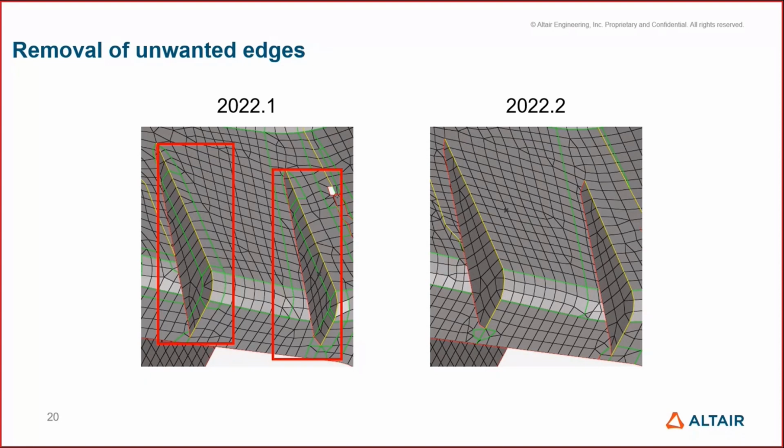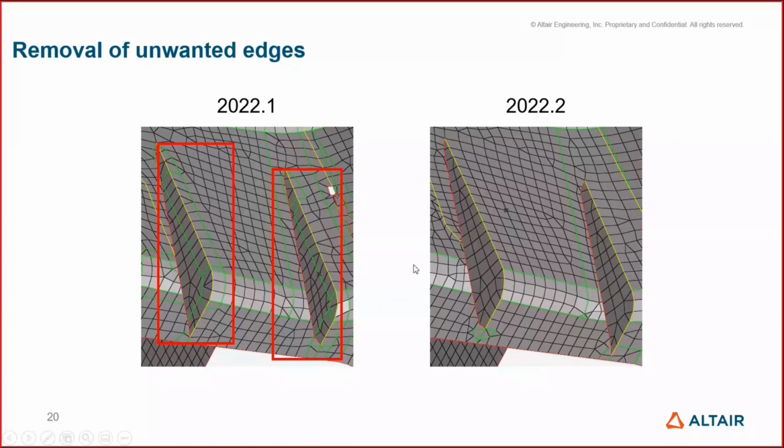So we remove them on the extraction itself, which previously used to take a lot of time to identify and suppress manually. So this gives us a better output, and after rebuild these nodes do not get constrained, and hence we get a good output from the rebuild as well.